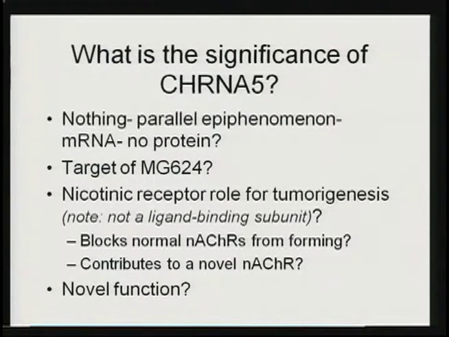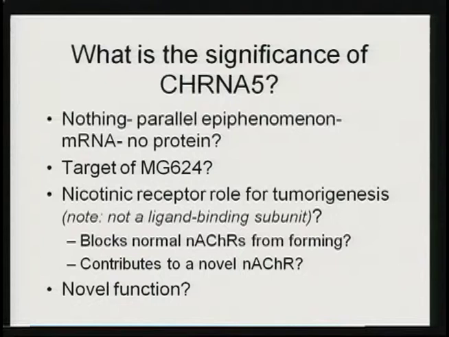And what is possibly the role of these nicotinic receptors in tumorigenesis? Now, what's really a puzzle here is that the alpha-5 subunit by itself is not a ligand-binding subunit. It's a weird alpha. All the other alphas can bind acetylcholine and participate in forming a functional ligand-gated ion channel in one of those pentamers.